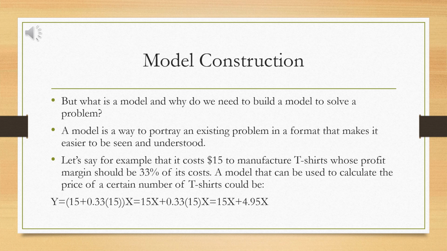and understood. Let's say, for example, that it costs $15 to manufacture t-shirts whose profit margin should be 33% of its costs. A model that can be used to calculate the price of a certain number of t-shirts could be y equals 15 plus 0.33 times 15, all of it times x, which is 15x plus 4.95x.